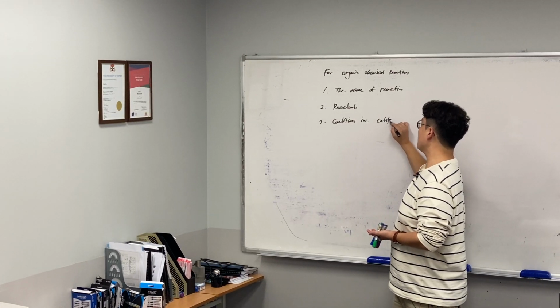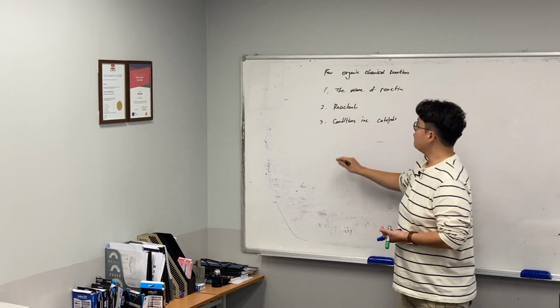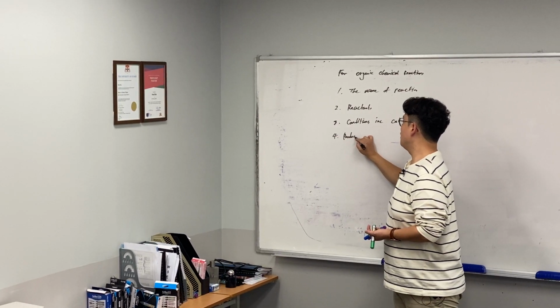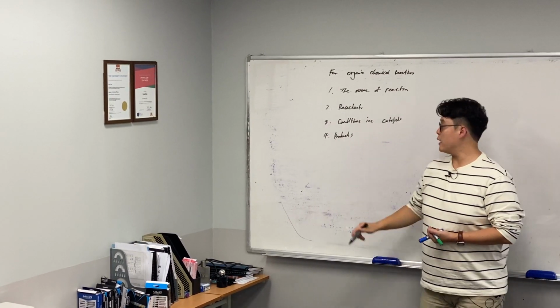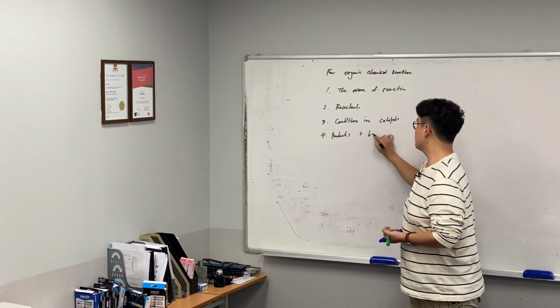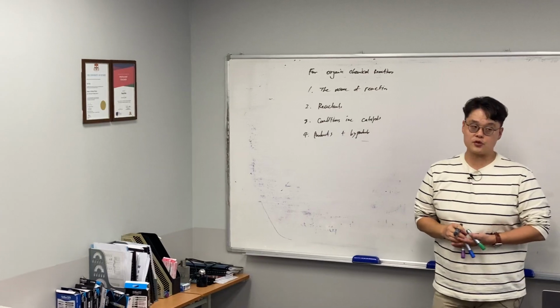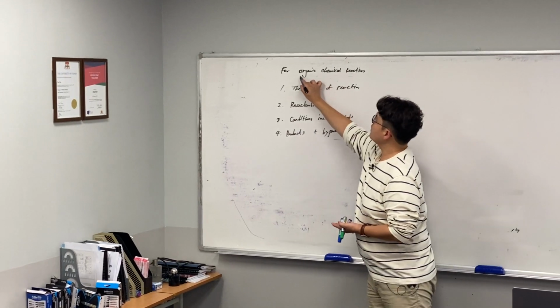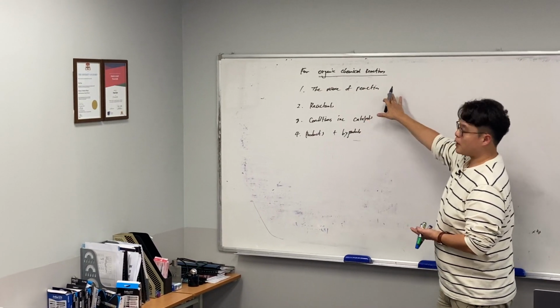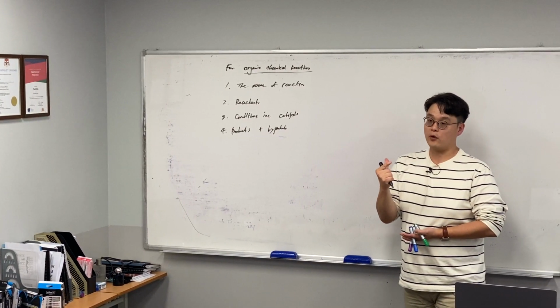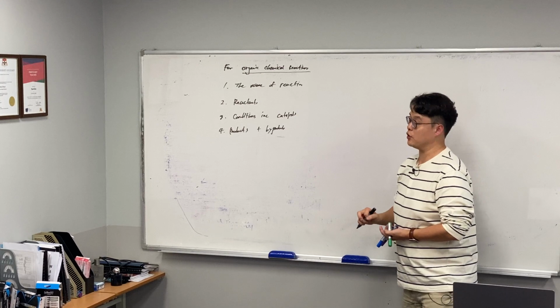Four, of course, you need to know its products, and plus sometimes the byproducts, something that comes after that product too. These are all the typical things, and you should be able to draw both the condensed and structural formula for all the chemical reactions as well.